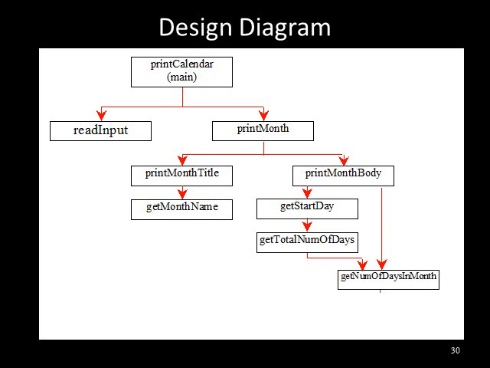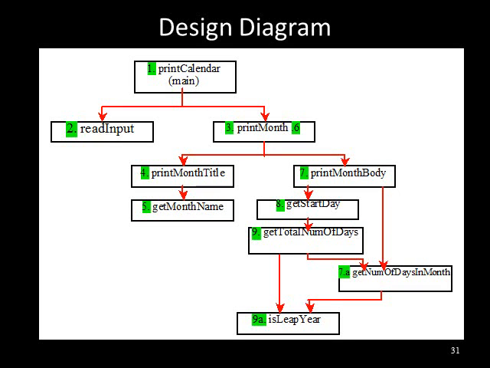Well, all months start with 1. We don't have a problem there. However, in order to get the end of the month, the program needs to determine the number of days in a month. And finally, we have to determine if it's a leap year, in case the month was February.